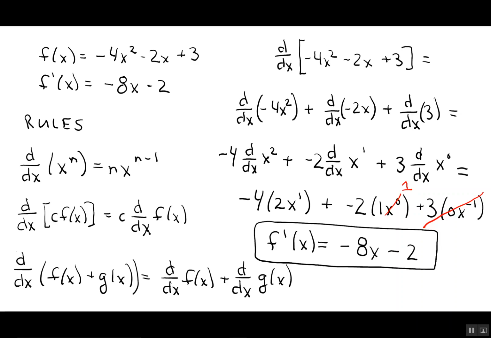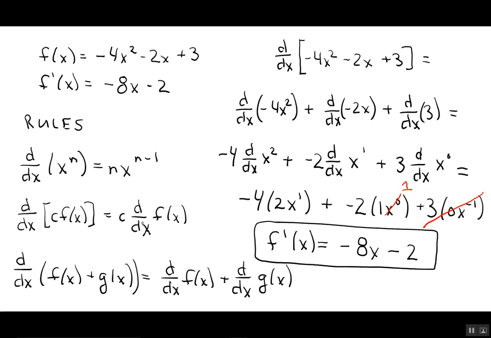So in conclusion, this was a quick introduction to what a derivative is. The derivative is a mathematical operation that allows you to find the slope of a function or the infinitesimal rate of change of a function at a specific point. And then we took a closer look at how, in practice, you can find this slope by using a limit, where when you evaluate the limit for a polynomial, you end up with a set of relatively straightforward rules that you can apply to any polynomial in general to find its derivative.